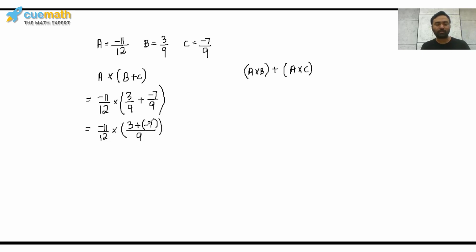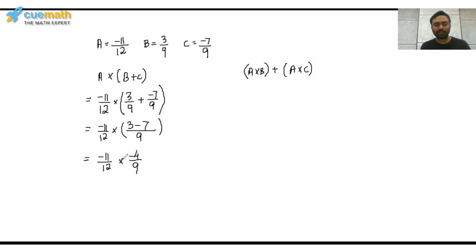Now we see that plus minus is minus, so let us directly write a single sign, which is 3 minus 7. Now if we solve the bracket, we get -11/12 times -4/9.